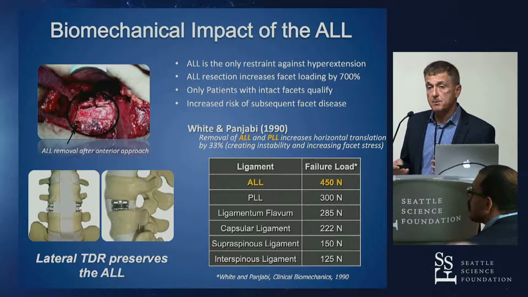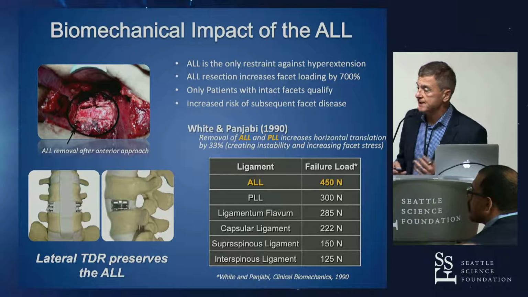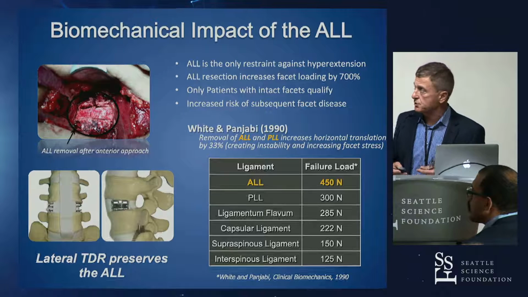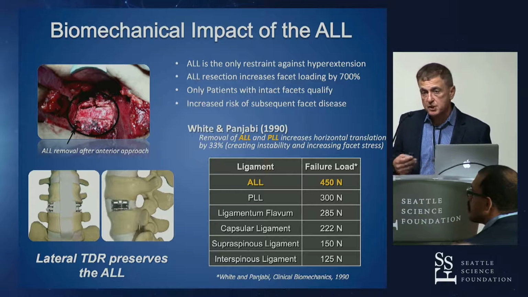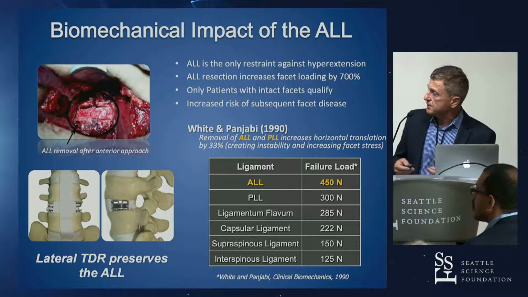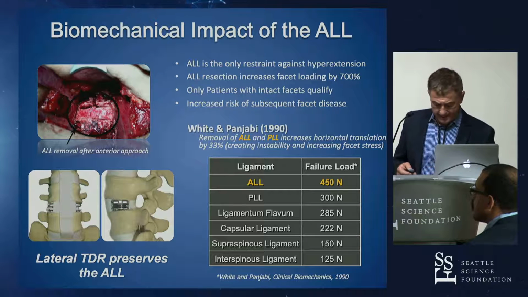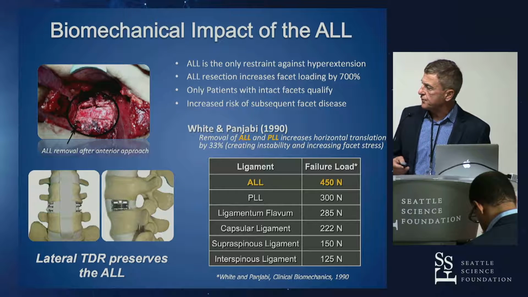And that's why patients who qualify for IDE studies cannot have grade 3 or 4 facet degeneration. Because of hyperextension and facet load, you're going to have increased risk of subsequent facet disease. In Panjabi's study, they showed that if you remove ALL and PLL, you increase horizontal translation by 33%.